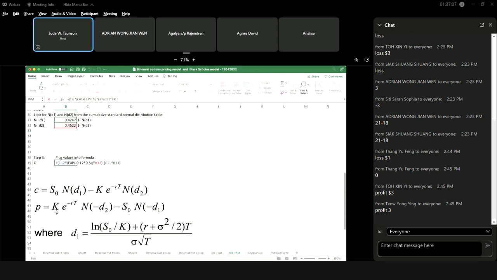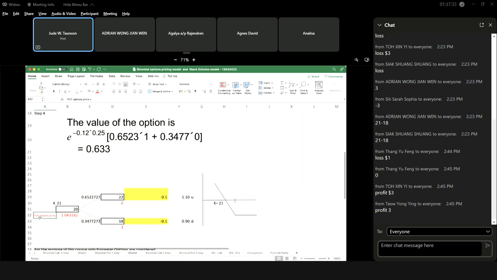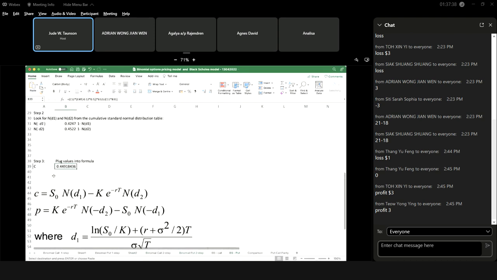P is equal to strike price, exponential negative interest rate times T times negative normal distribution, negative D2, minus stock price times negative distribution D1. Okay, so you get this amount. Okay, and this one is for put option price. All right.